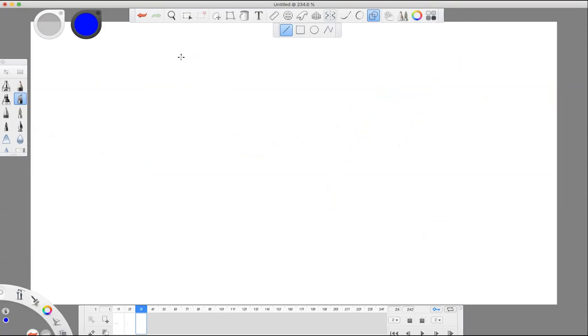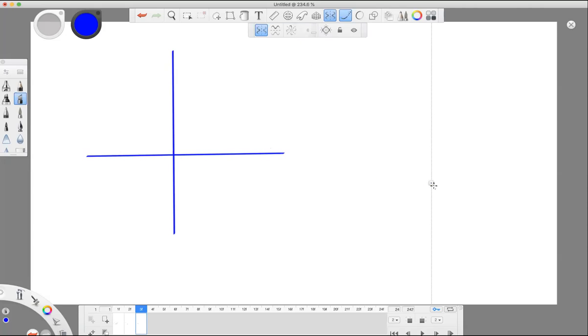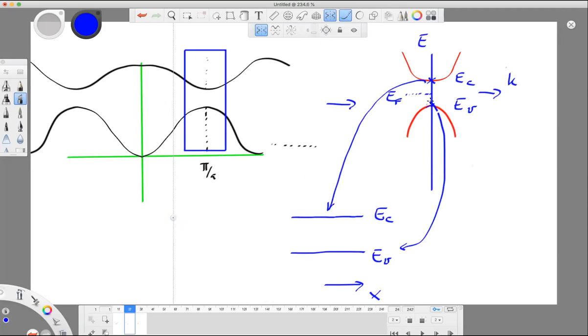Let me make one drawing here, a more realistic drawing where we see what happens close to this edge. I'm going to call this the edge of the valence band and the edge of the conduction band.